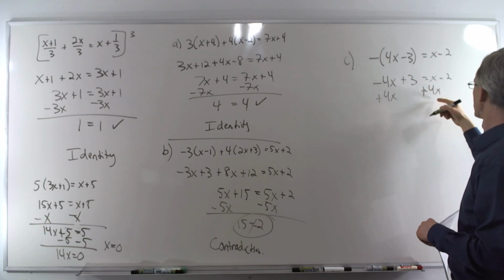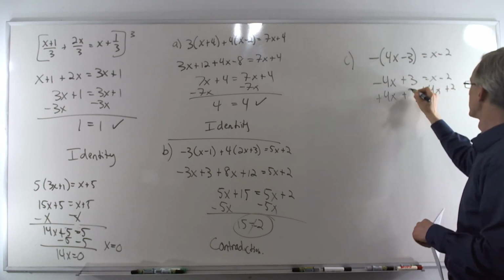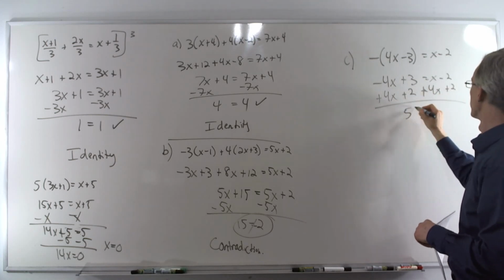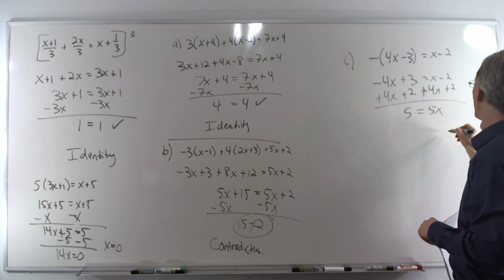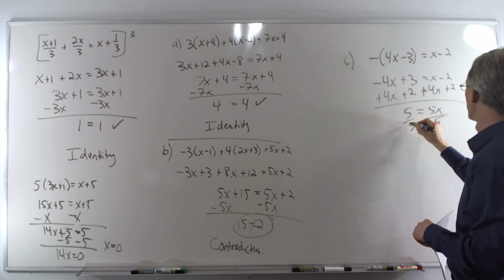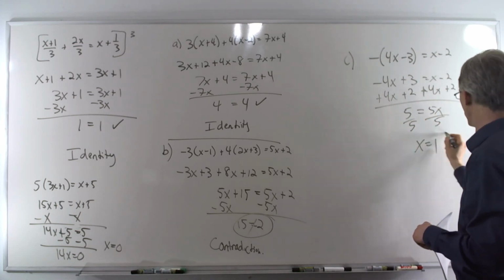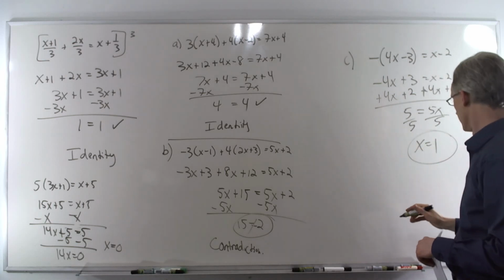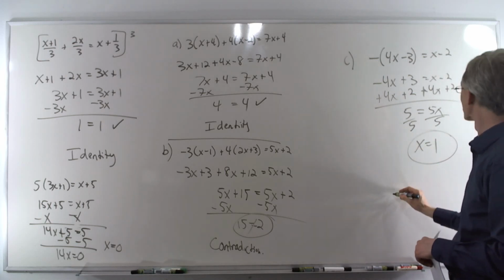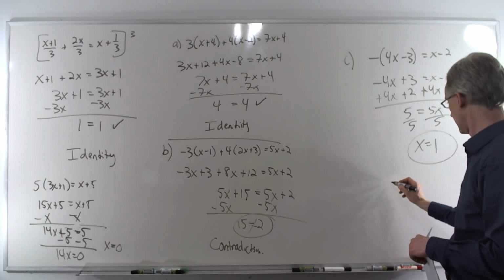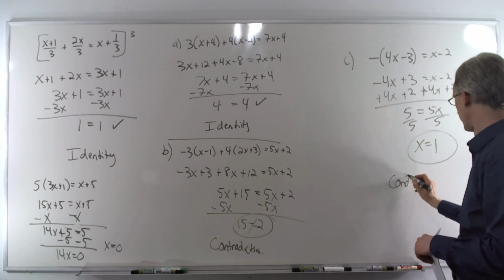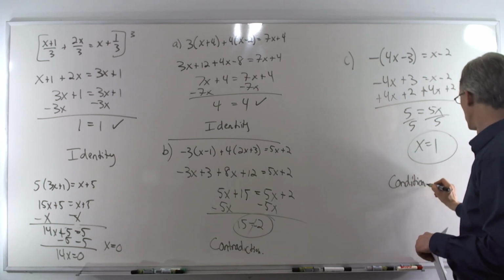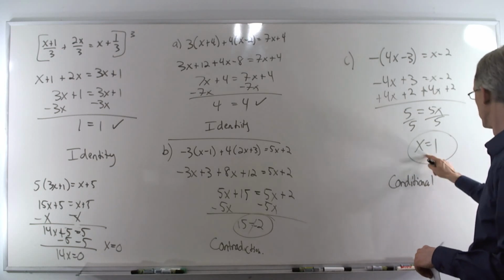And since I get the x's to the right, I'm going to add 2 to both sides to get the numbers to the left. So 5 equals 5x, divided by 5 on both sides, and x equals 1. All right, we got a single number as the sole answer to this equation. So that is a conditional. It's true on the condition that x equals 1.